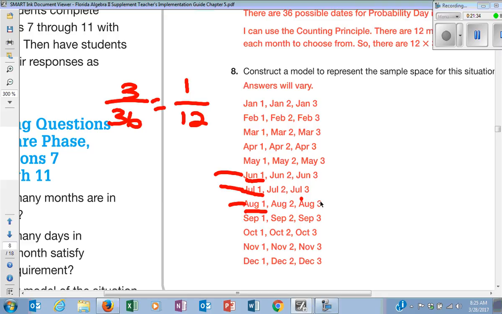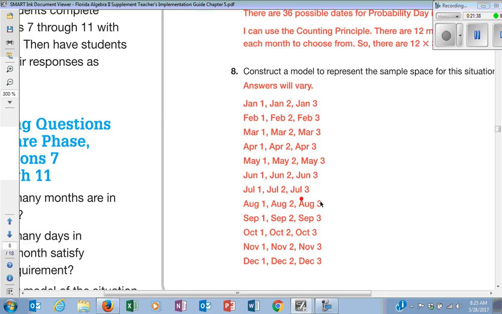By the way, if I didn't have my list, what was the probability of A happening? What was the probability of B happening? What's the probability of A and B happening? Is that what we found it to be? Yes? So we don't have to have a list. We can actually do this with just the math.